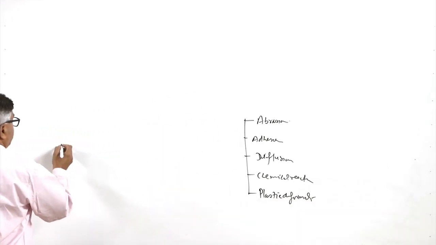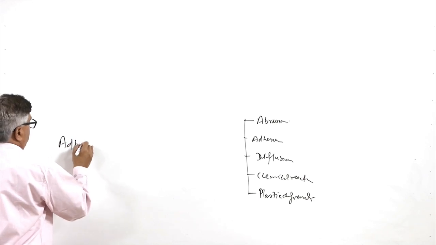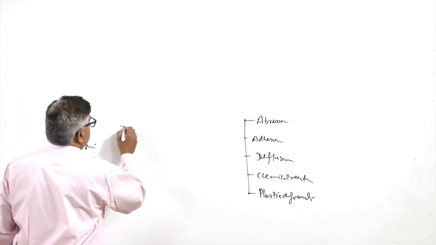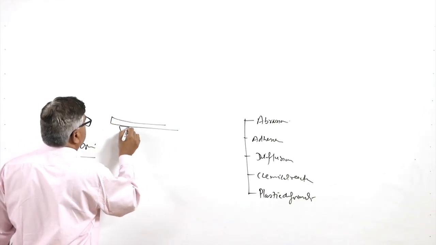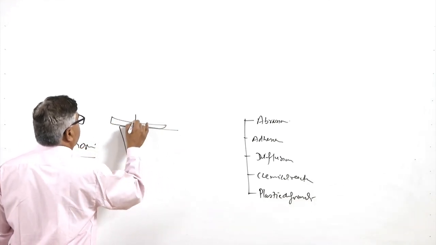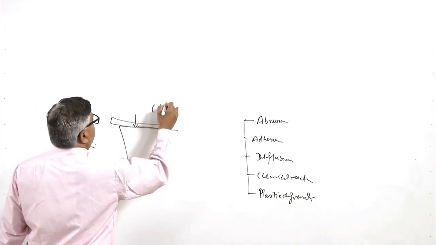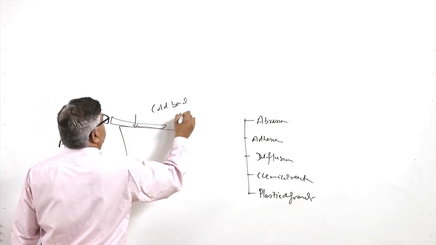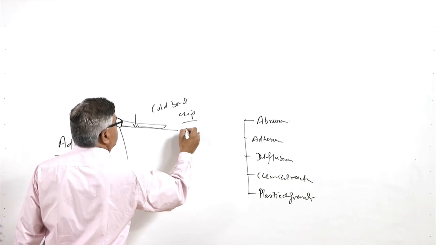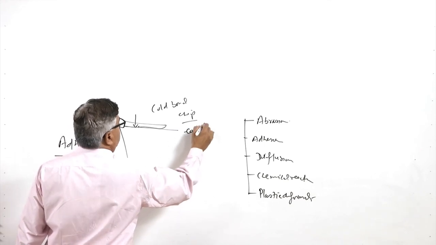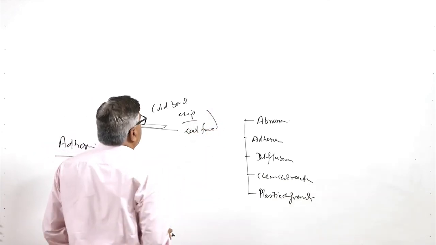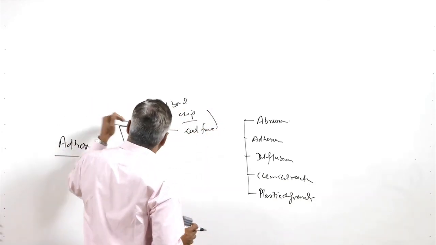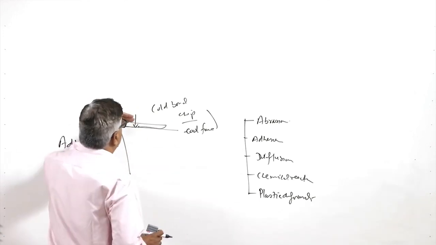Then adhesion. Adhesion primarily occurs on the rake face of the tool, since the chips are sliding under pressure over the face of the tool. Under the pressure, a cold bond between the chip material and the tool face takes place, and these cold bonds break due to the relative motion between the tool and the chip.